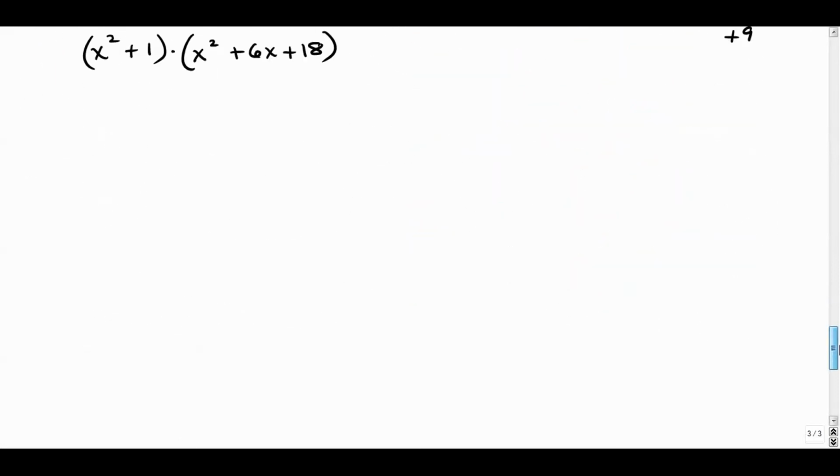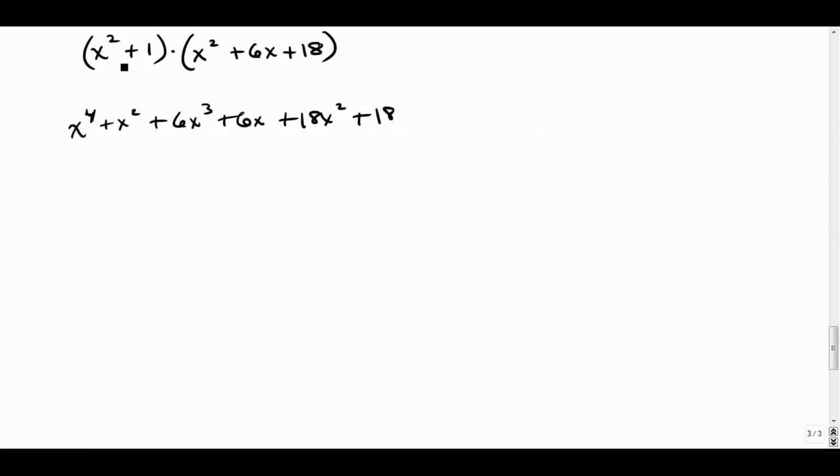And let's just multiply these two things out together now. So again, this times this, this times this, and this times this. Kind of a triple distributive. So x to the fourth plus x squared plus 6x cubed plus 6x plus 18x squared plus 18. I think I got that right.